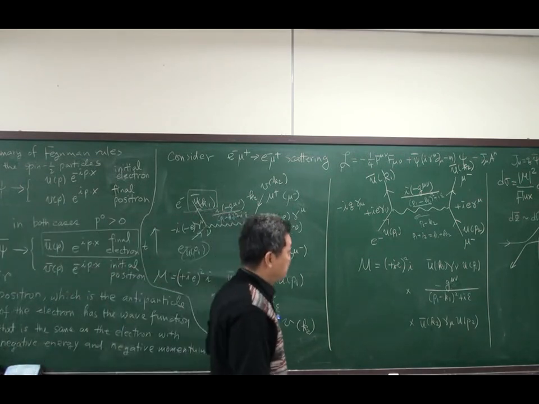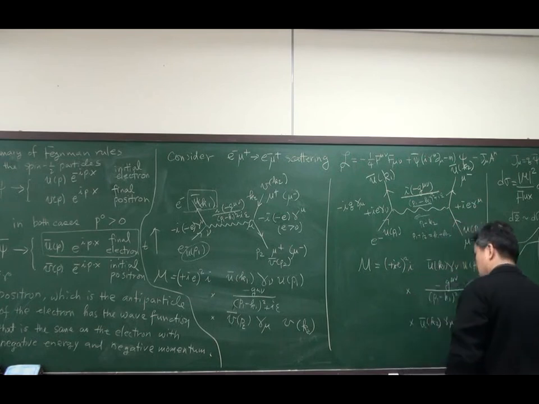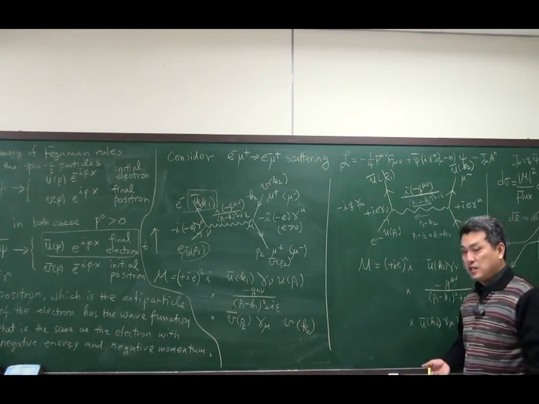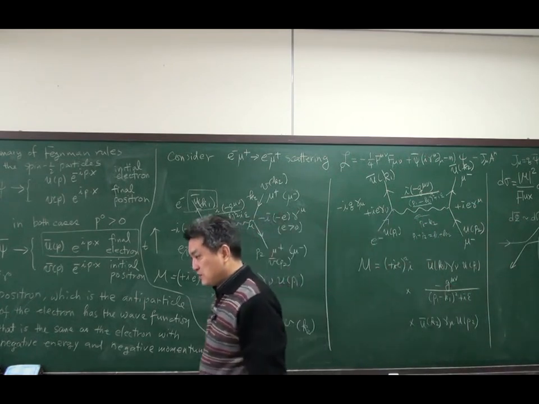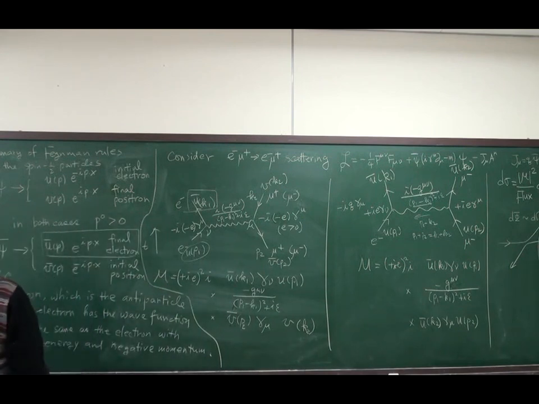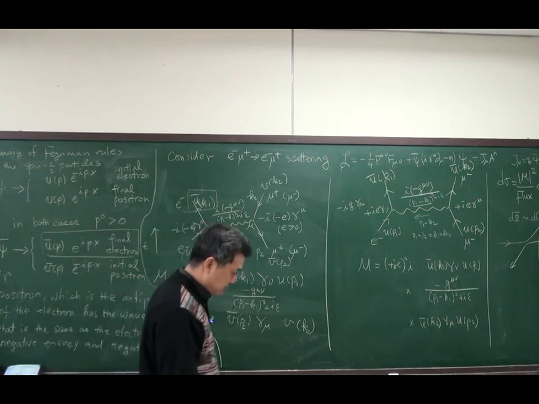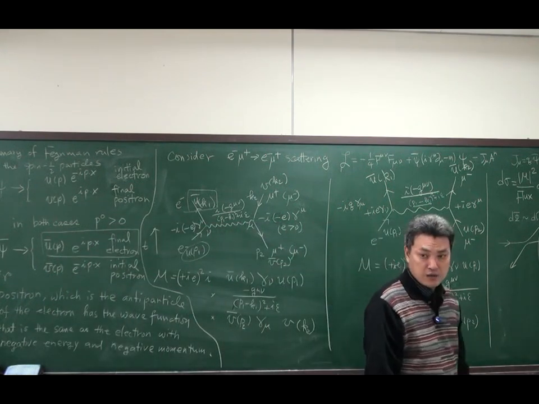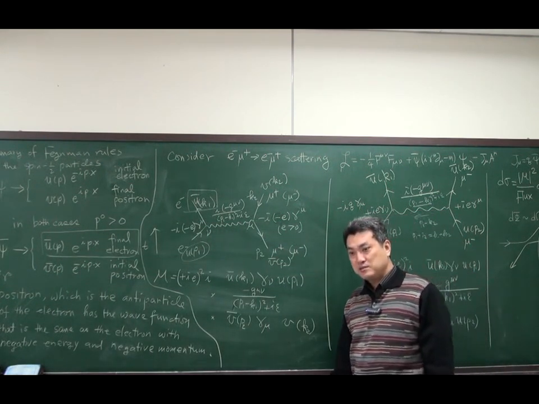But the solution of the Dirac equation has a negative energy solution too. But people have found that the negative energy solution is exactly the same as the solution for a particle with opposite charge and the same mass.